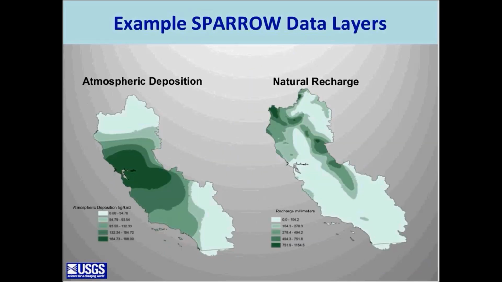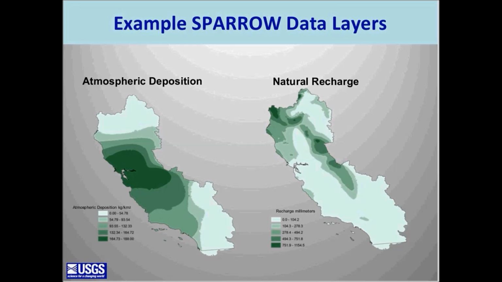So these are some examples of the data that goes into the model. We have many different layers. I'm just showing some examples, actually just 5 of them. Atmospheric deposition, natural recharge. This data was given to us through the national team. They put together all the data for the whole nation and divided it by the basins in order for us to all have the same consistency in the type and scale of data we're using.